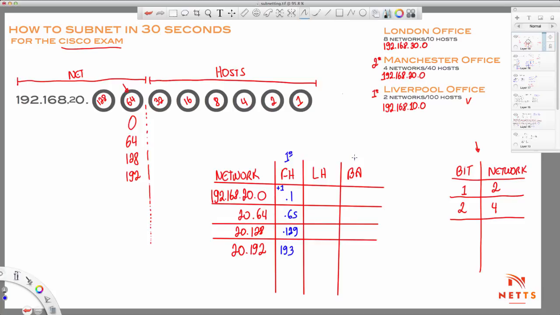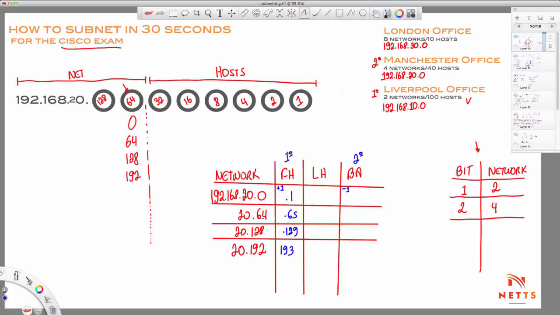The broadcast address is the second column that we're gonna fill in, and there is a trick for that one as well. To find out the broadcast address really fast, just look for the next network and do minus 1.